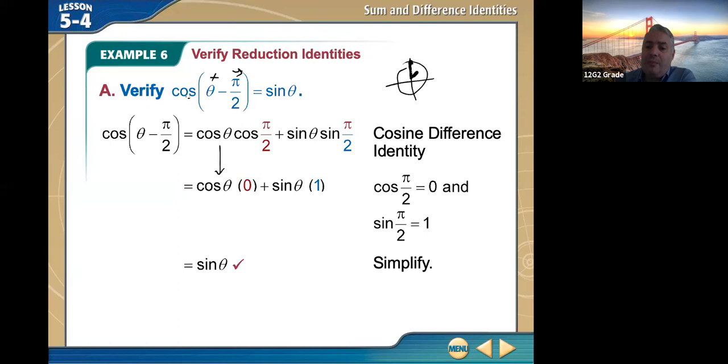Cosine means the x component. What is the x of this angle? 0. So 0 times any number will be 0. Sine of theta times sine of 90. Sine of 90 degrees is the second component. You know, this is 0, 1. Sine is the second component, which is 1. 1 times sine theta is sine of theta. We already proved this by using identities.